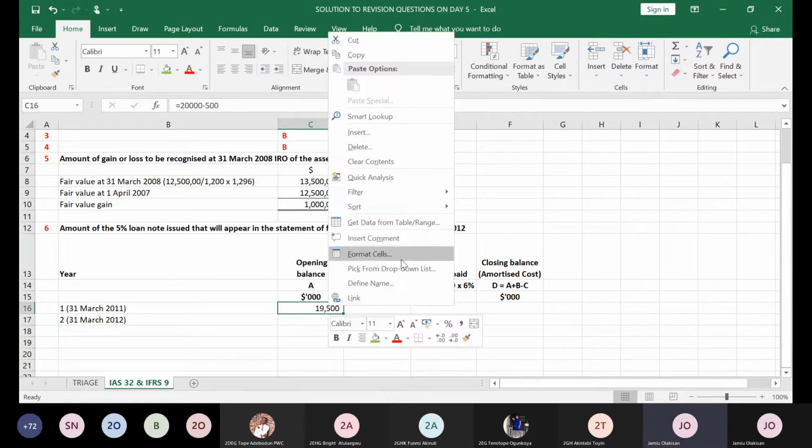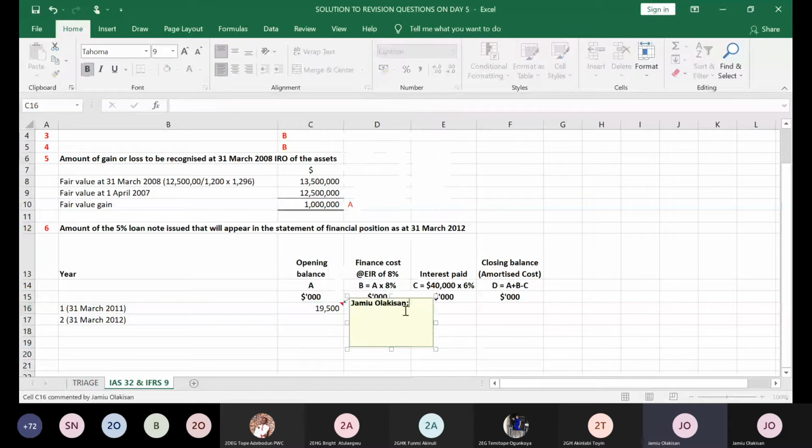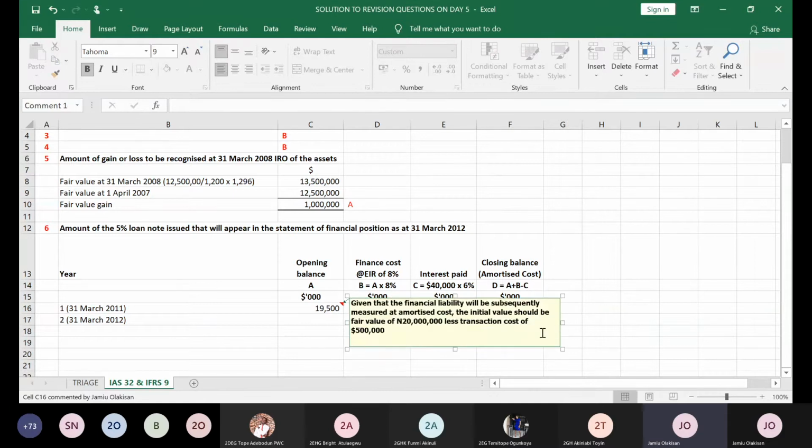So you can put a note here that says: given that the financial liability will be subsequently measured at amortized cost, the initial value should be the fair value of 20 million less transaction cost of 500,000.